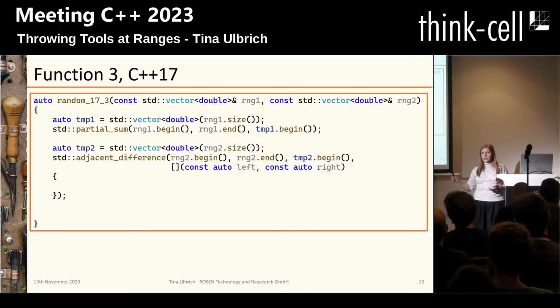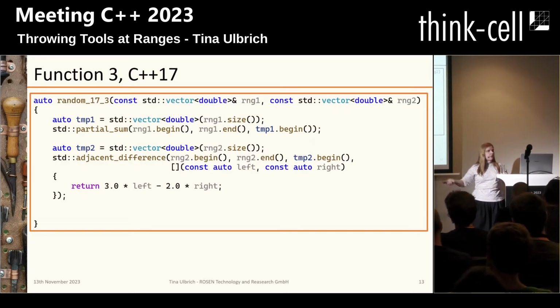It is a terrible name for this algorithm because with adjacent difference, you can do anything to the adjacent elements. You don't have to calculate the difference. That's the standard behavior if you don't put in any other function, but you don't have to use it. So this is what I'm doing: I'm giving it a lambda, and I'm just doing what I want. So the name is terrible, the function is great.